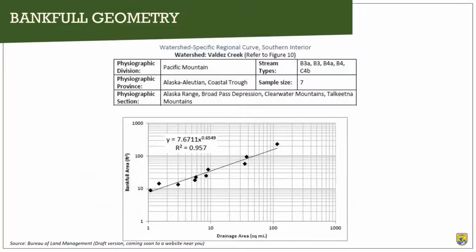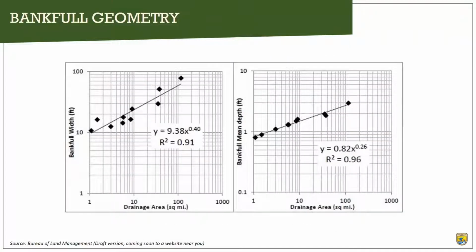We do know there is such a strong correlation between climate, geology, and bankfull geometry that we are able to create regional curves that reliably predict the bankfull area, the bankfull width, and the bankfull depth for a given drainage area. The R-squared values are very good for these predictions.